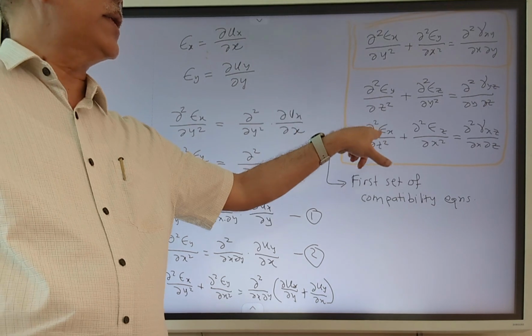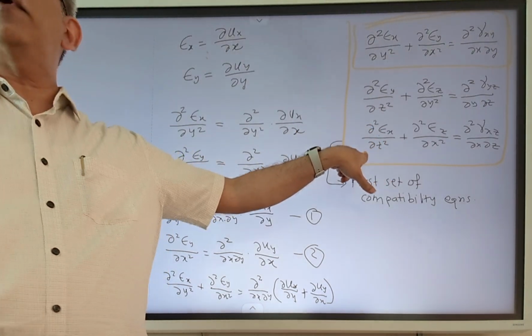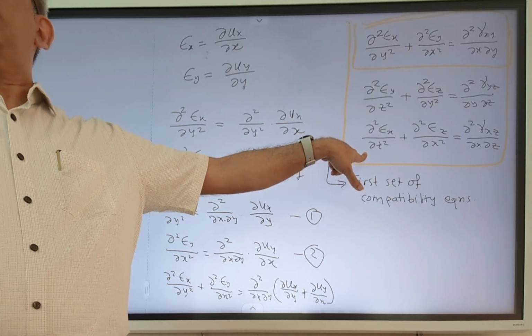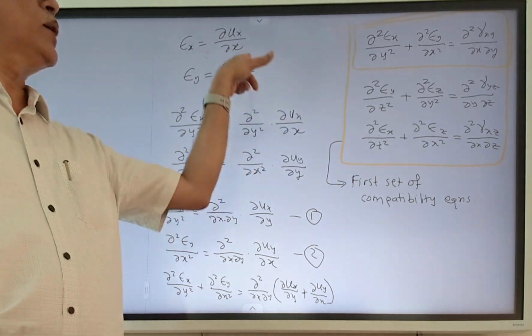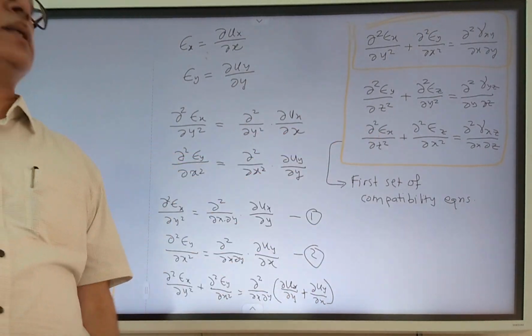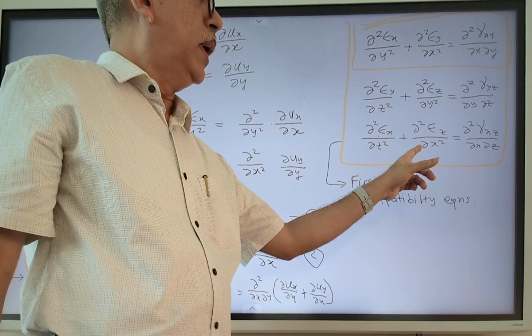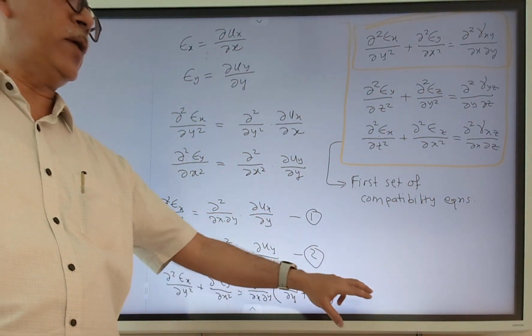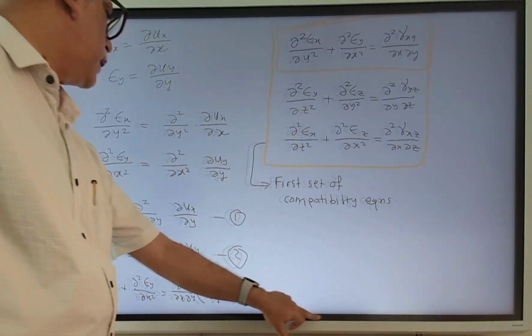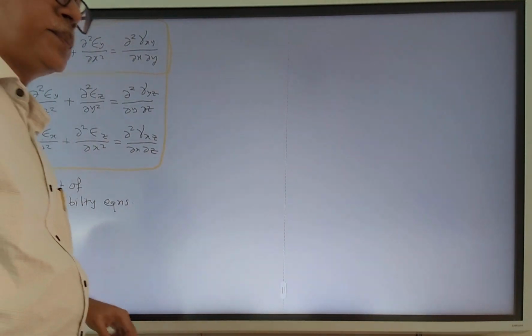Suppose you have to derive the last equation, we'll start with what definitions? Epsilon x and epsilon z. You just change it and you can derive this particular equation in the same manner. The full set of compatibility equations, which are 6 in number, is as given here.